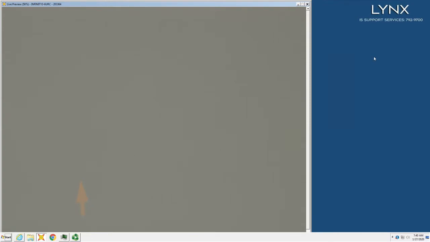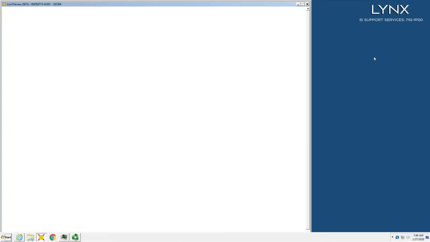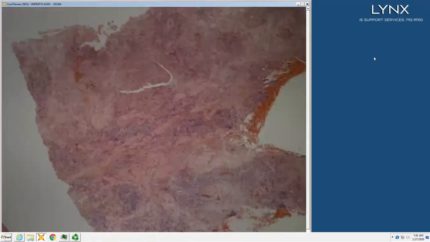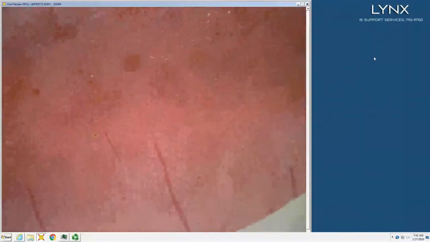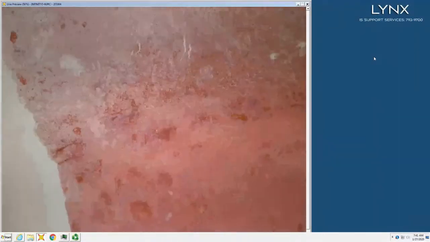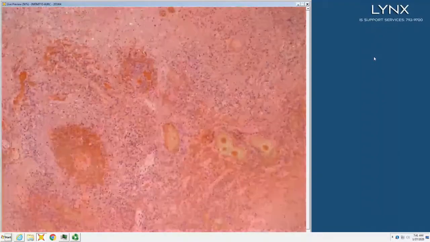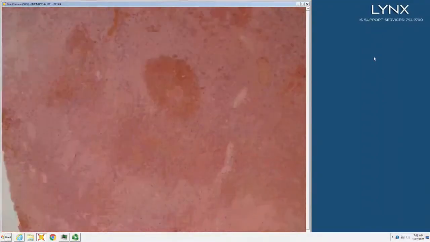Let's look at a couple more. So in this case, first thing that hits your eye is you got lots of necrosis, right? You've got dead vessels there.